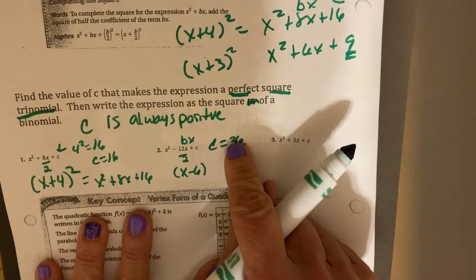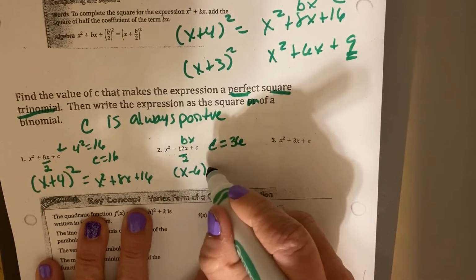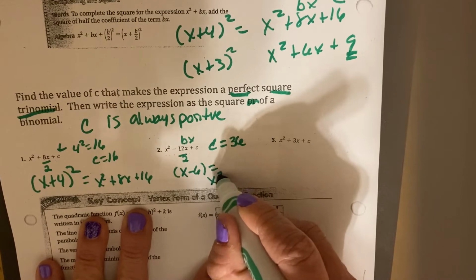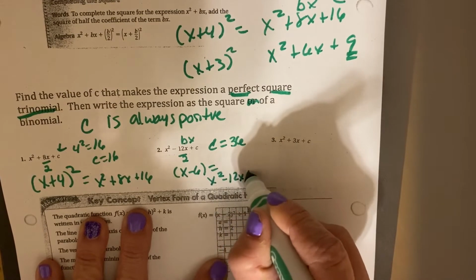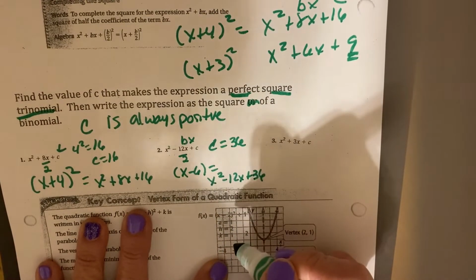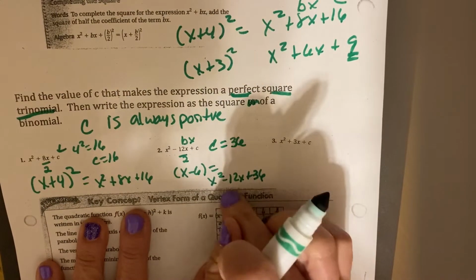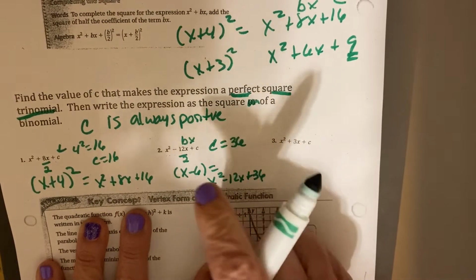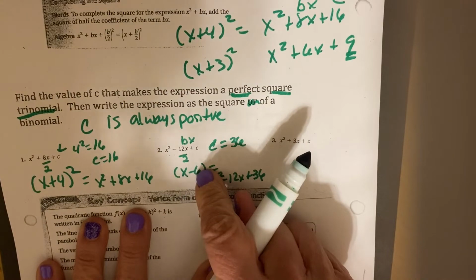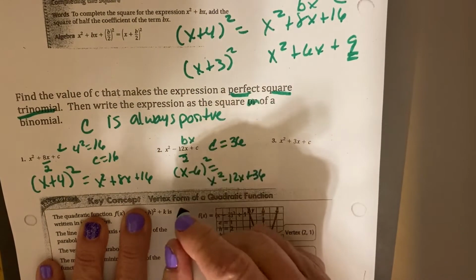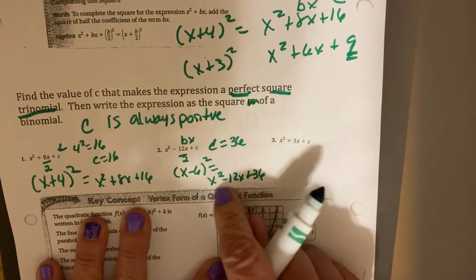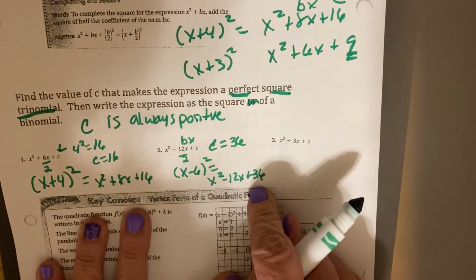And that's why I said that c is always positive. And so this is equal to x squared minus 12x plus 36. So this is our perfect square trinomial, and this is a square binomial right here.